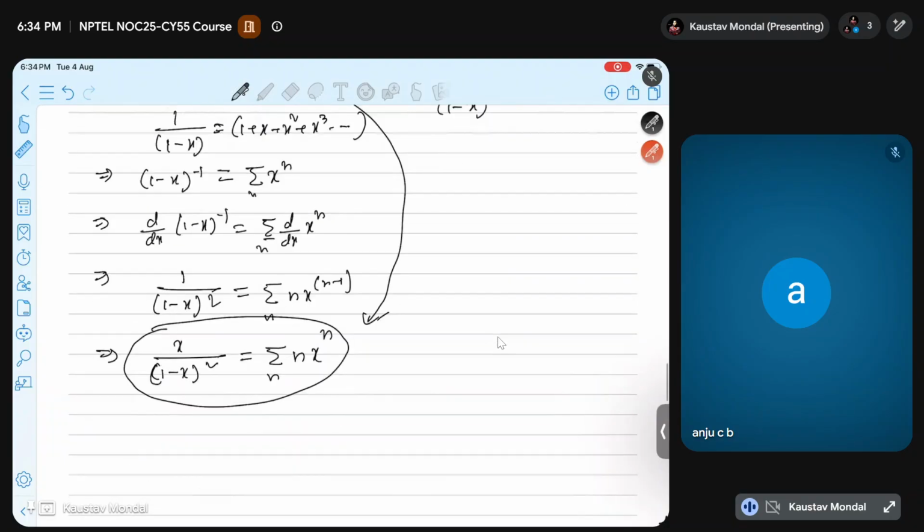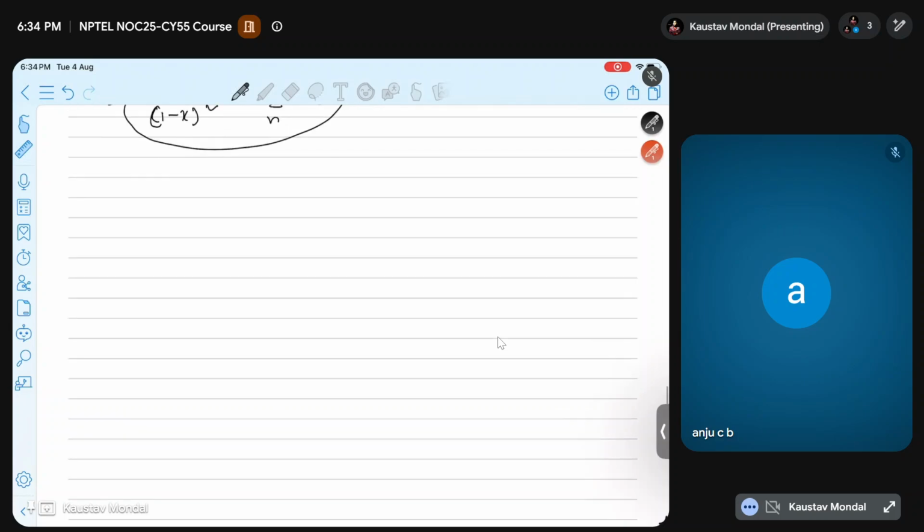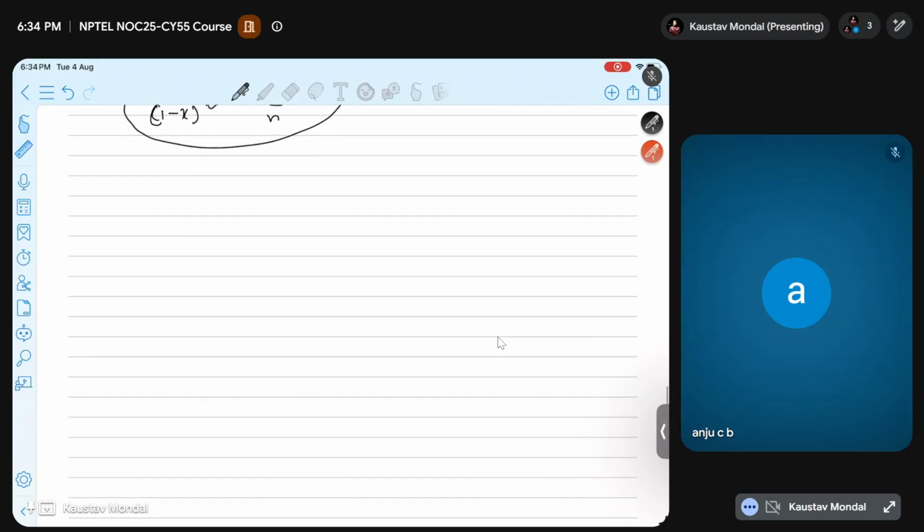Now we have to substitute those two things here. Let me rewrite it once again. What was Q? Q was 2 into the summation over n of n x to the power n, plus the summation of x to the power n. So the first summation gives you x by 1 minus x whole square, and the second summation gives you 1 by 1 minus x.